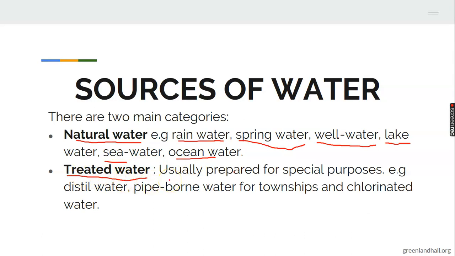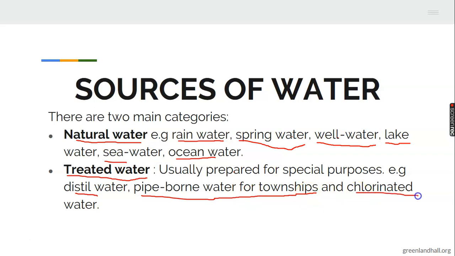Treated water is usually prepared for special purposes. Example under treated water, the first one is distilled water. Distilled water is chemically pure water. That means it's pure water that is made by chemical means, as well as pipe-borne water, which I'm going to go into shortly.